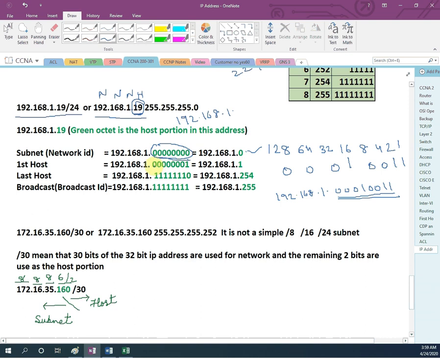So we put all 0 and only the last one we set as 1. This is the last one, all others are 0. So what does it become? 192.168.1.1. So this is the first host.